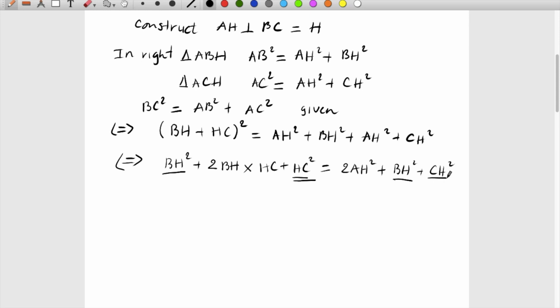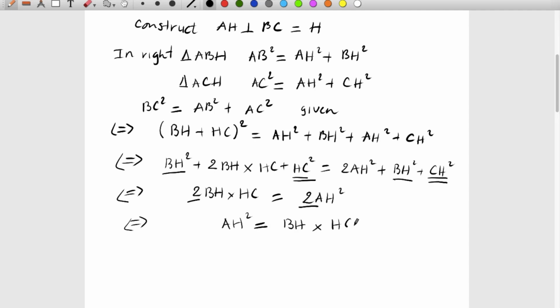Let's simplify them. Equivalent, 2BH multiplied by HC equals 2AH square. Dividing both sides by 2, we have AH square equals BH multiplied by HC.